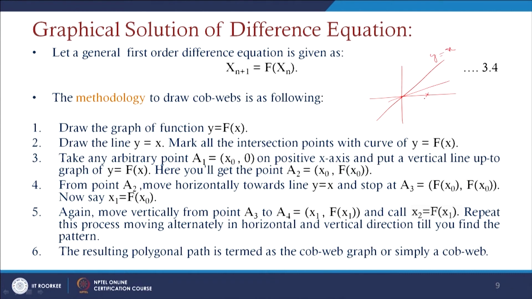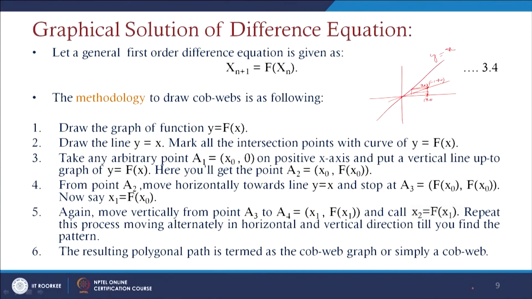Then arbitrarily you choose any point x0 and you will have a functional value along this line, f of x0, and the coordinate you can define as (x0, f of x0). Then draw this line along this way, and finally you can reach the point, that I will explain in the next slide.